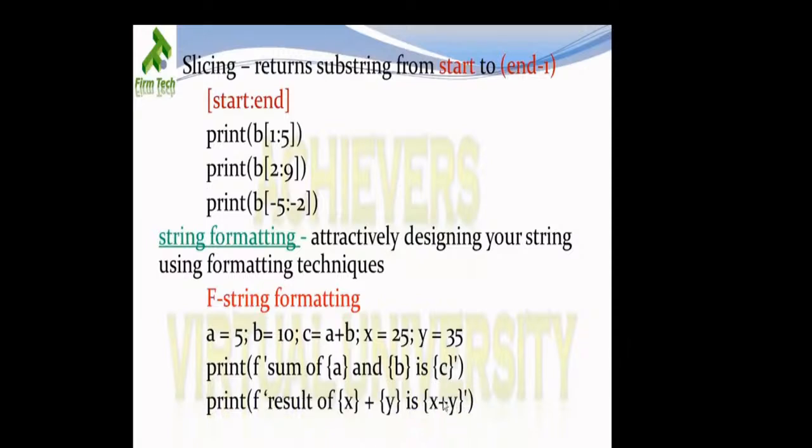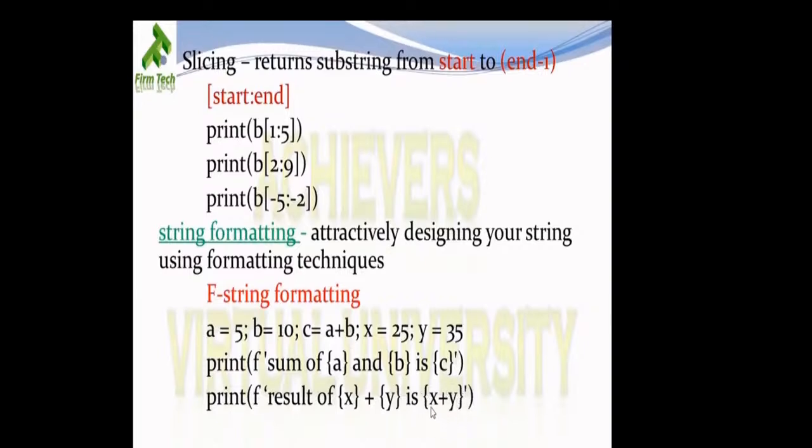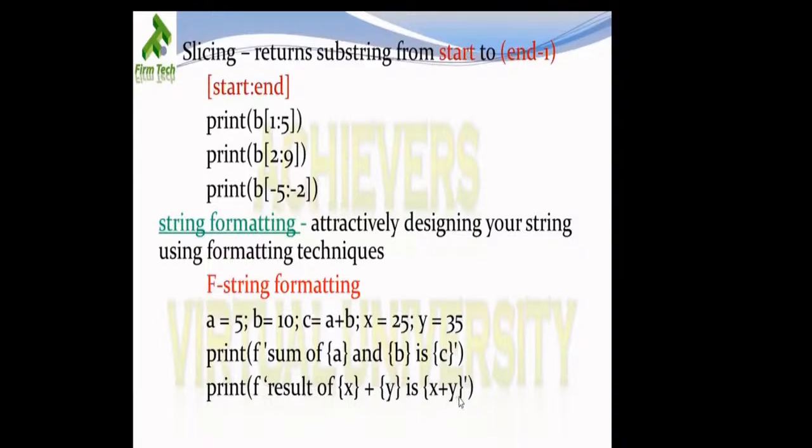So see here, in this case, we are doing the calculation inside the string, that is, inside the print statement. In the previous case, we calculated the value as C, and then taken that object into the output.